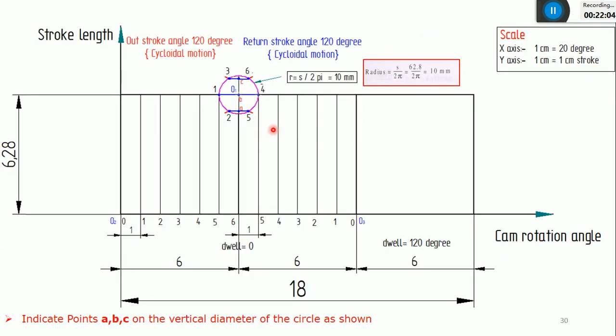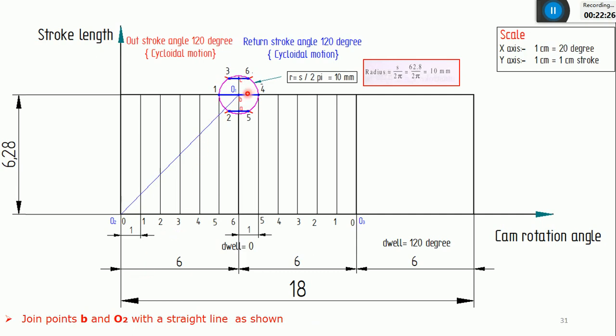And after this, this circle is common to both outstroke and return stroke, because both outward and return stroke is with cycloidal motion. After that, I'll take a reference as O1. I'll join O1 to O2 like this.